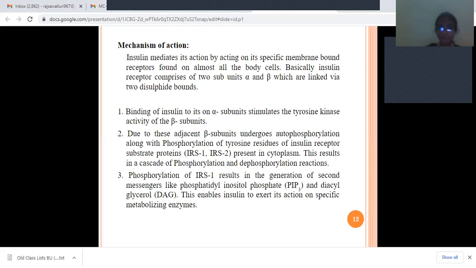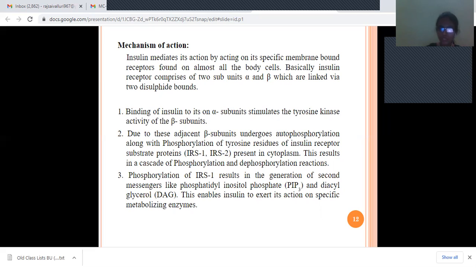This results in the formation of phosphorylation and dephosphorylation reactions. The phosphorylation results in the generation of second messengers like PIP3 and DAG.